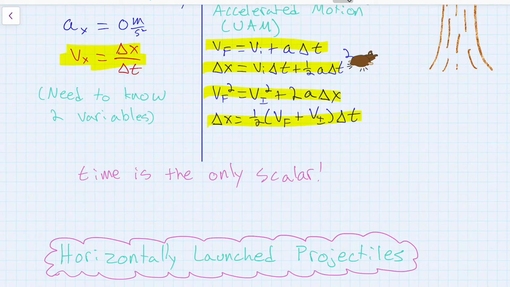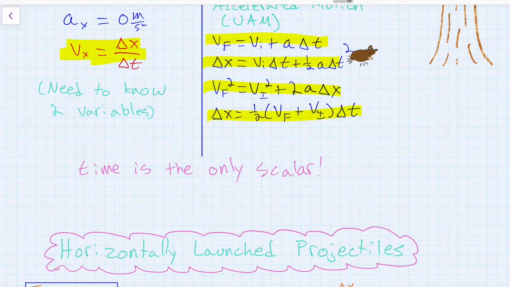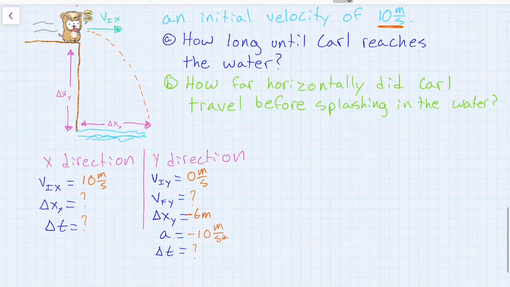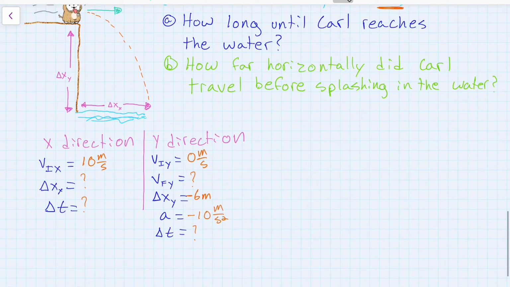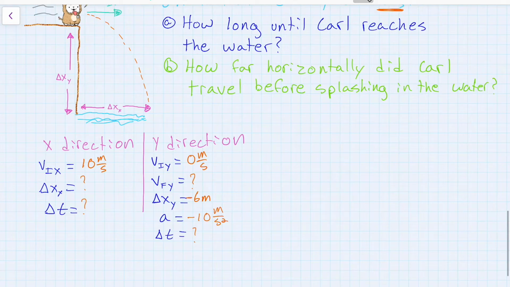Okay. So that's our delta x is equal to the initial velocity times time plus 1/2 times the acceleration times time squared. So this is our equation 2.